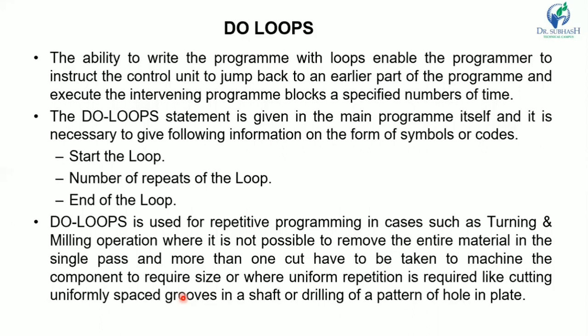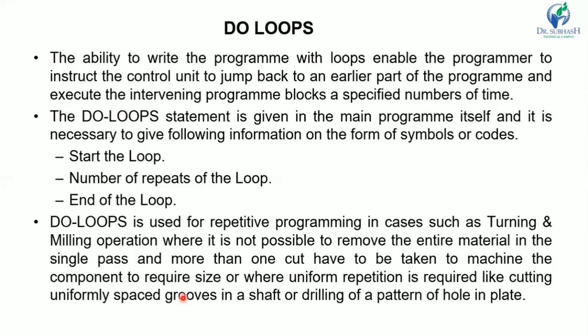So the do loop statement is given in the main program itself, and it is necessary to give some information, that is the start of the loop, number of repeats of the loop, and end of the loop, in the form of symbols or code.